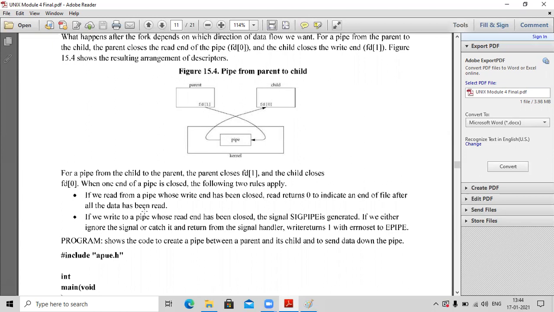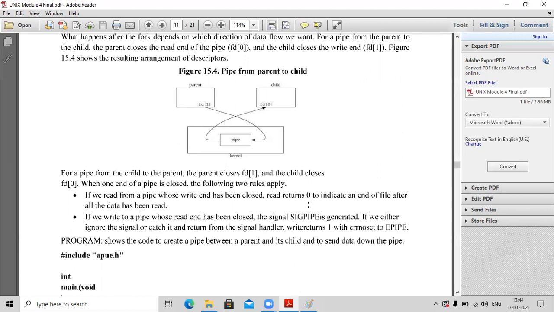Similarly, if we write to a pipe, say the parent is writing something to a pipe, but the read end has been closed, at that particular time a signal gets generated, because the parent is writing to the pipe but the child's read end is not open.